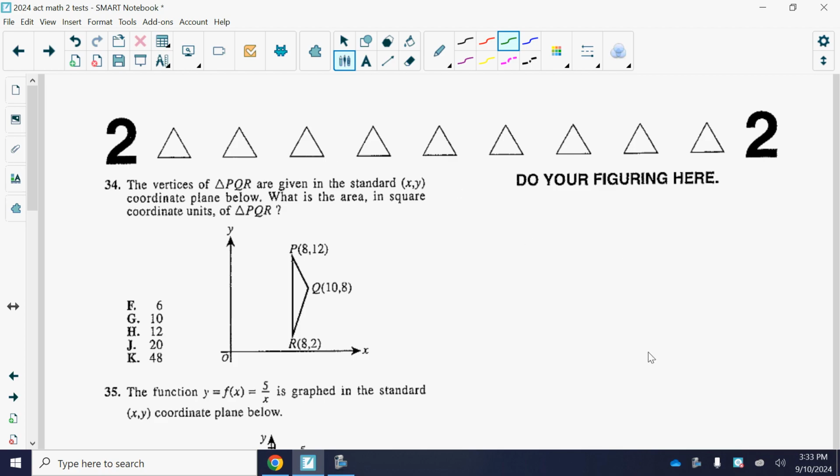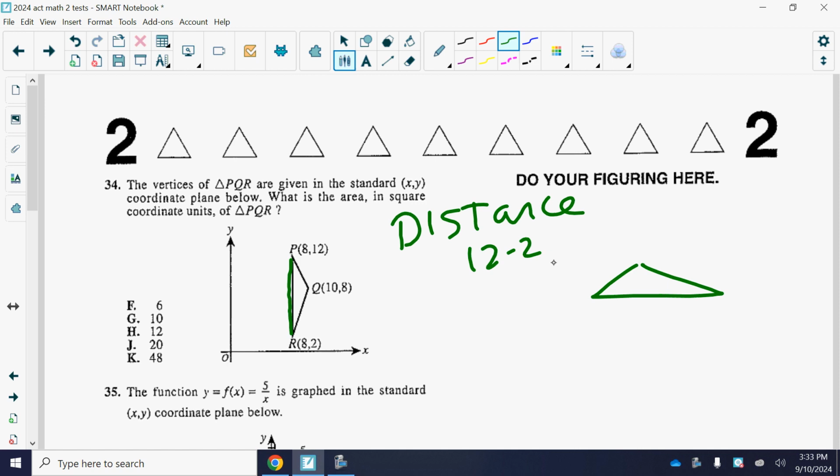Ooh, they like this one. I'm going to turn this one sideways on you because I want to drop an altitude and a base. Well, the base is how far it is from here to here. You could use the distance program, but I wouldn't. It's just 10 down, huh? It's 12 minus 2.